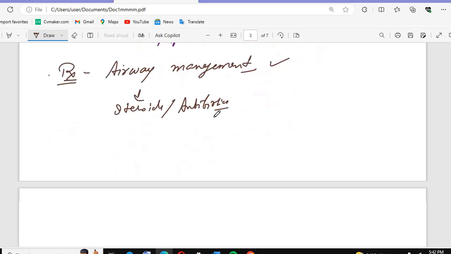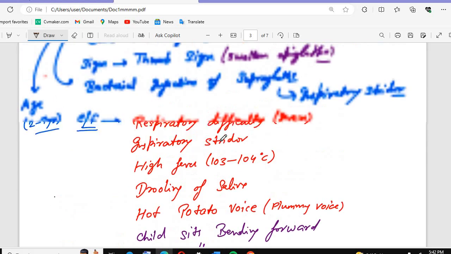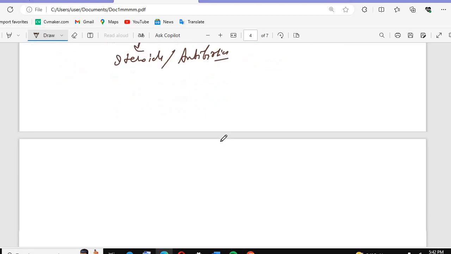The next one we have is croup. Can you tell me another name for croup?